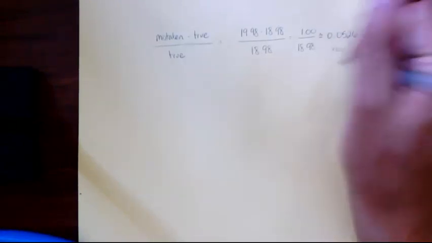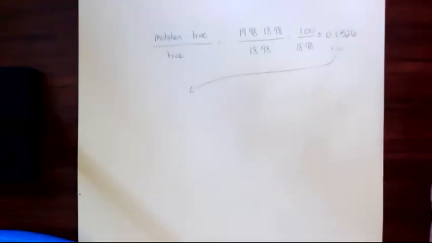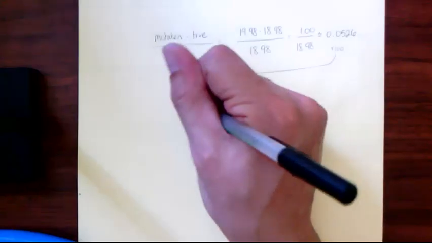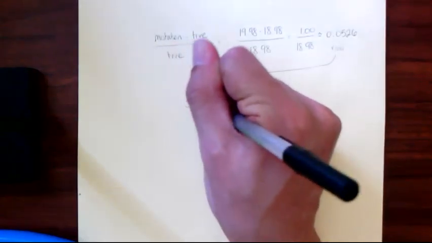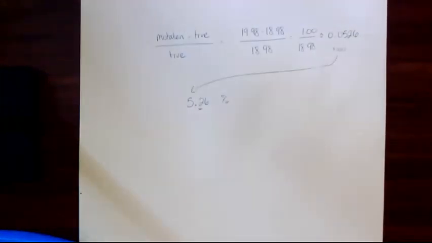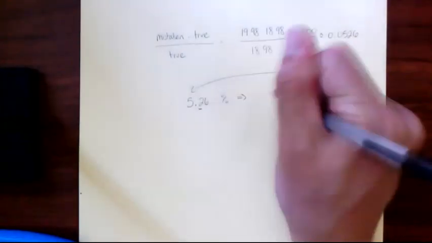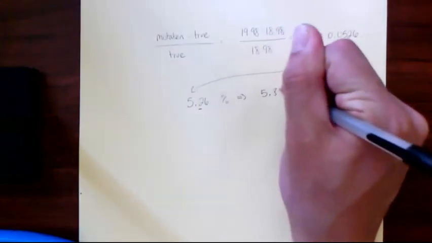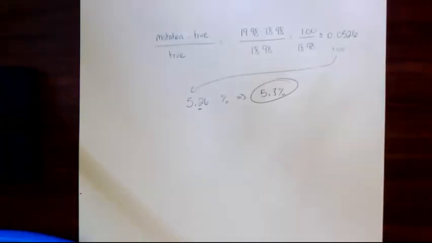That's going to move the decimal place 2 spaces to the right, and we get 5.26 and so on percent. At the end we want to round this to the nearest tenth, which is 1 decimal place. Because we have a 0.26 here, we'll round this up to 5.3%. You paid 5.3% more than you should have. On we go.